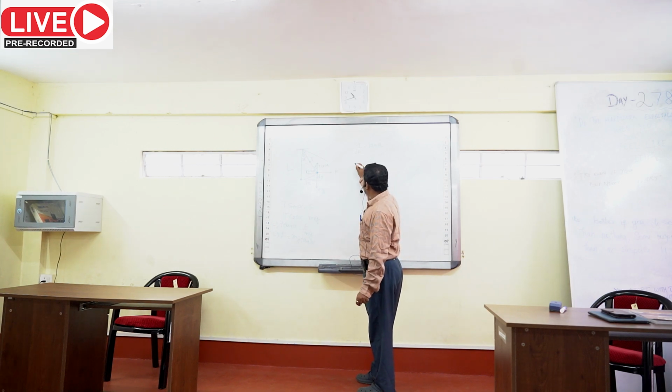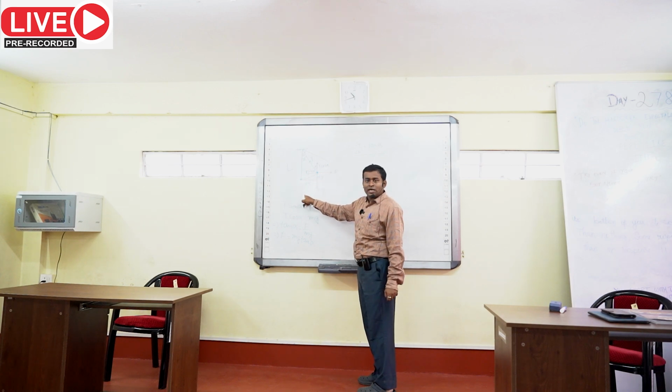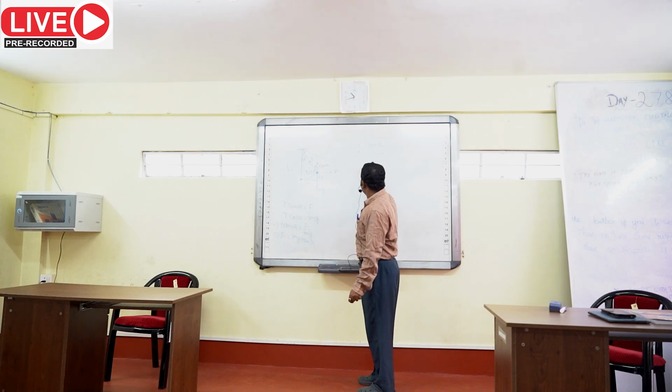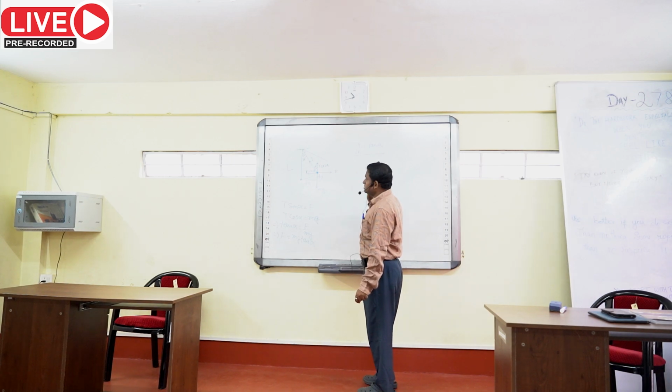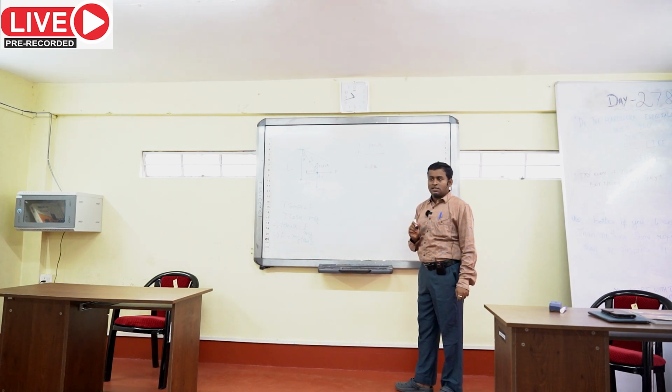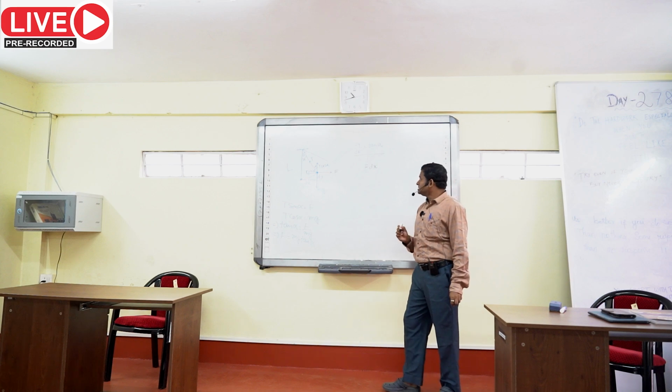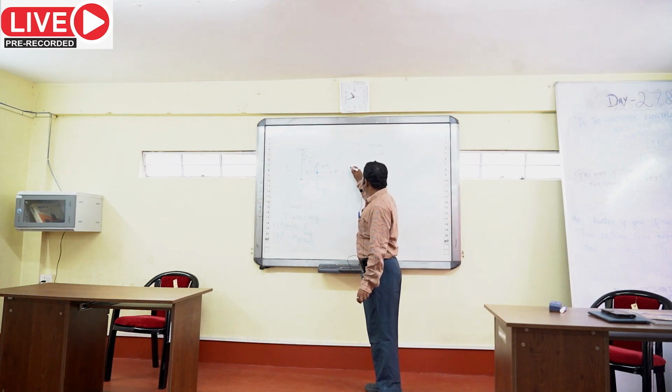Then first calculate the work done. Due to this force I have to calculate work done, and due to this force the displacement is in which direction? X direction. So for a small displacement, work done is F into dx. Then the total work done will be the integral of F dx from 0 to theta.